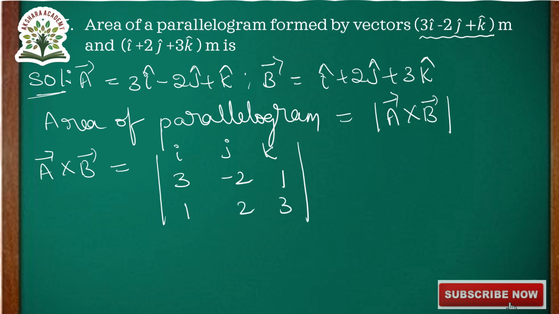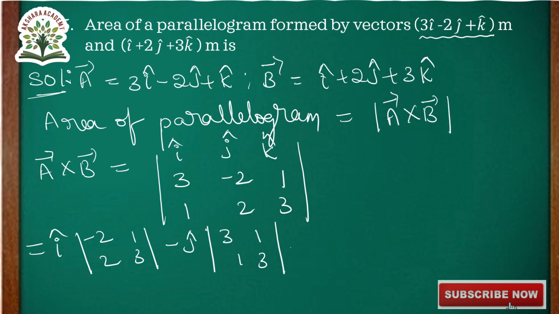So that is equal to i cap of determinant of minus 2, 1, 2, 3, minus j cap determinant of 3, 1, 1, 3, plus k cap of determinant of 3, minus 2, 1, 2.